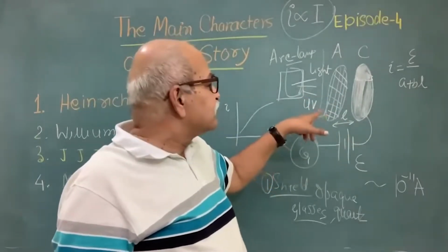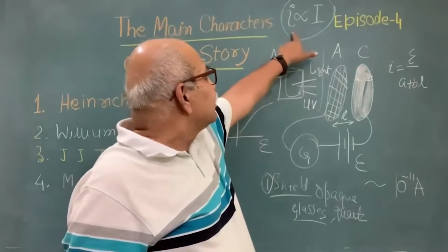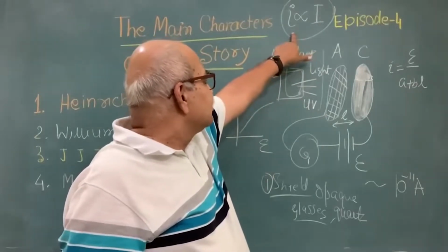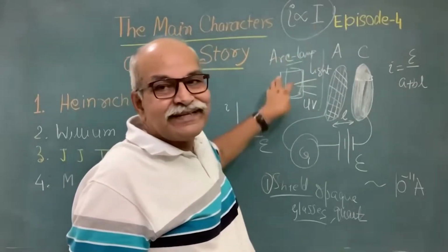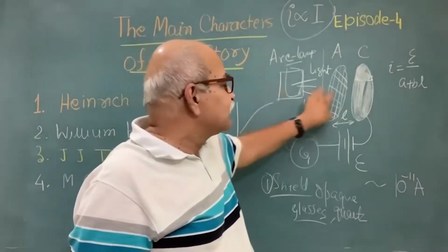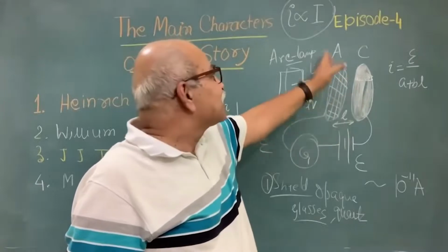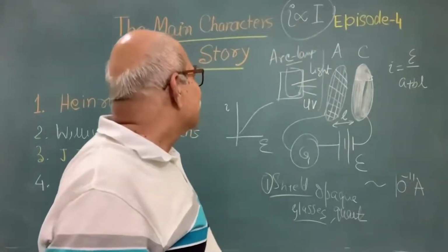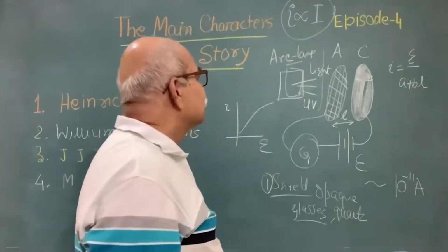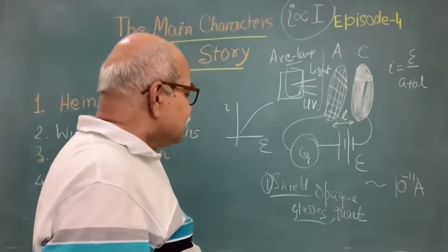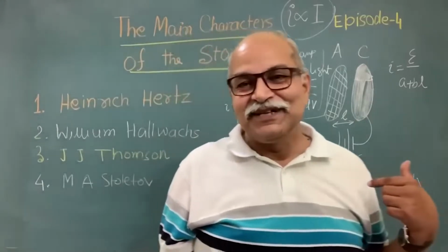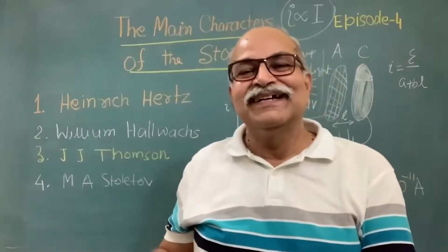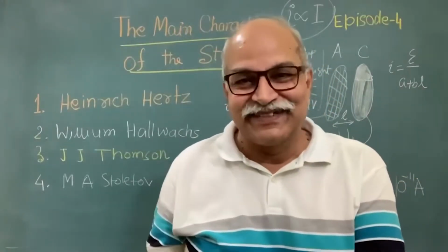So maybe he has studied it more systematically and has established that the photocurrent, this current here, is proportional to the intensity of the light falling on it, and this is sometimes called Stoletov's first law. Okay, now this is significant. I chose this one because I came across it.